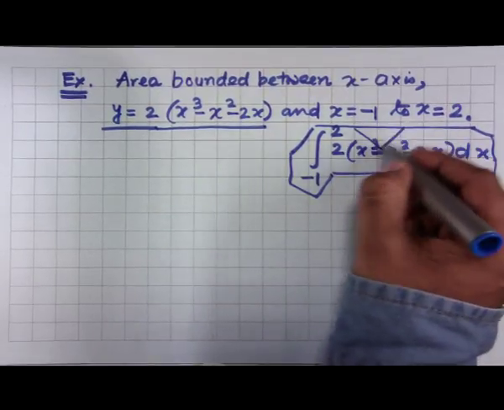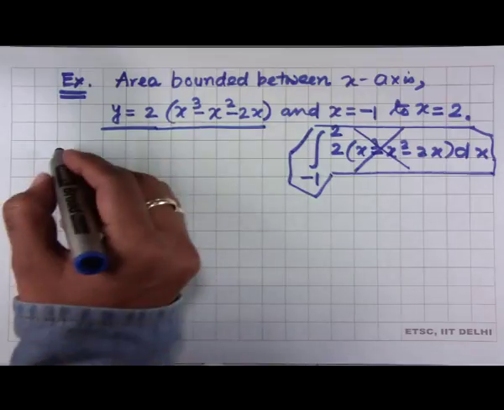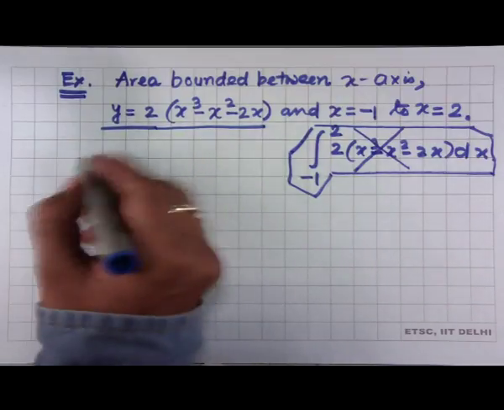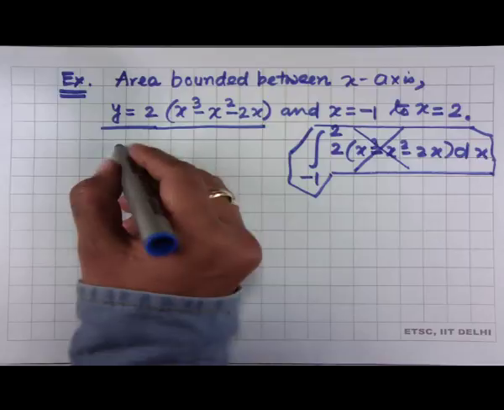So, this is not the right approach. You have to have some idea of the curve, where it is positive and where it is negative.